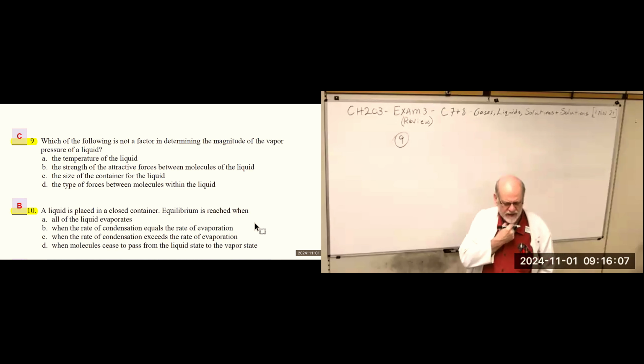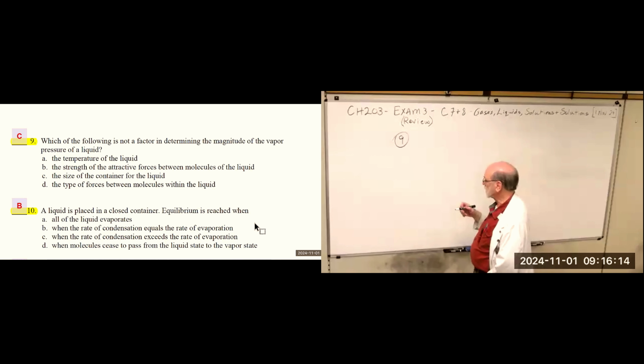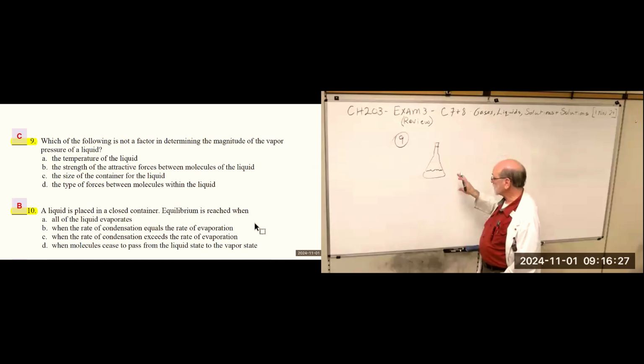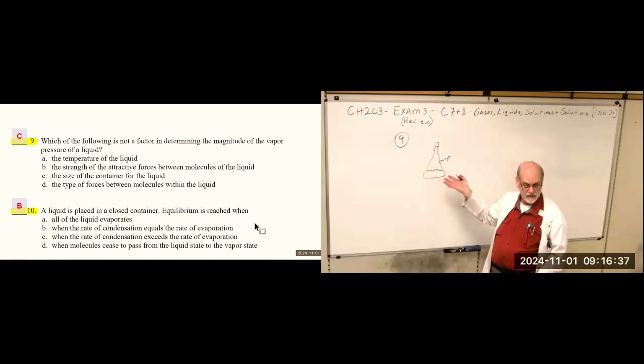Which of the following is not a factor in determining the magnitude of the vapor pressure of a liquid? All right, if we have a liquid in a container, say an Erlenmeyer flask, and it's stoppered, and we have the liquid down here. When it reaches equilibrium, there's going to be a pressure in here due to the evaporation of molecules from the liquid.